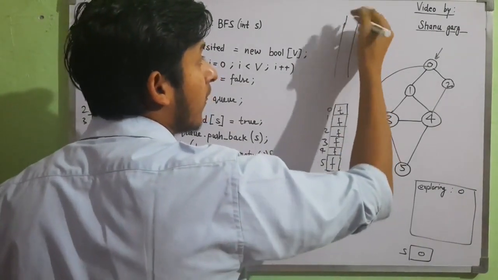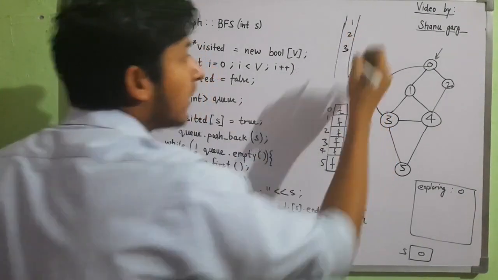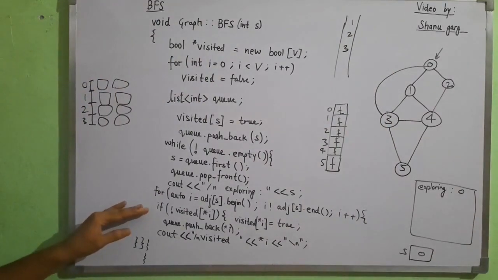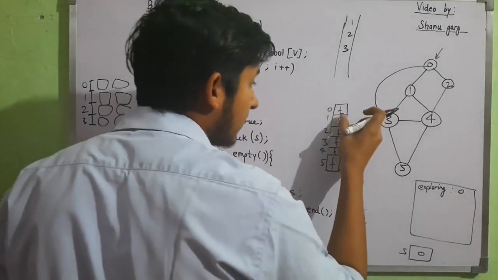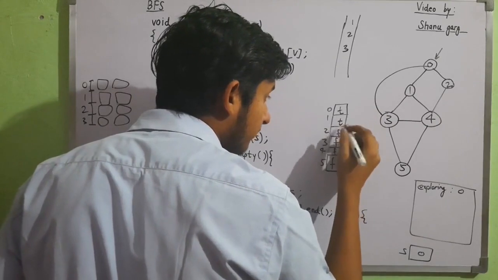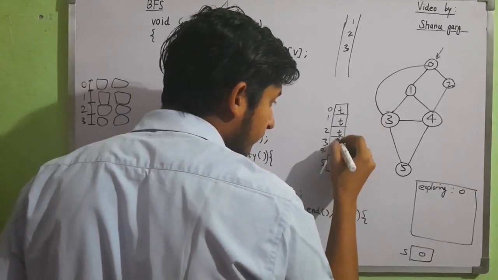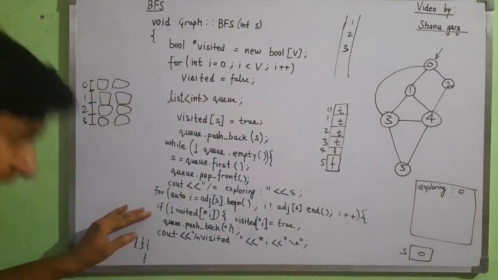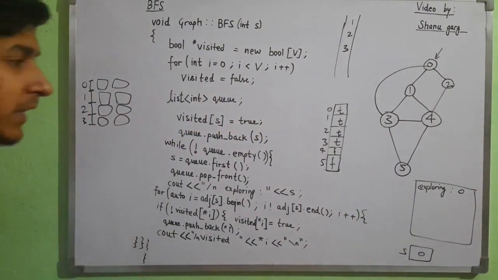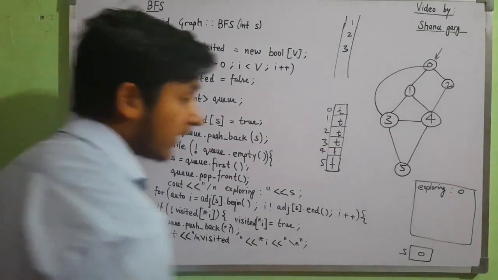So 1, 2 and 3 are pushed to the queue, and now I'll make all of these true. After that, I'll make an announcement that yeah, I have visited this.